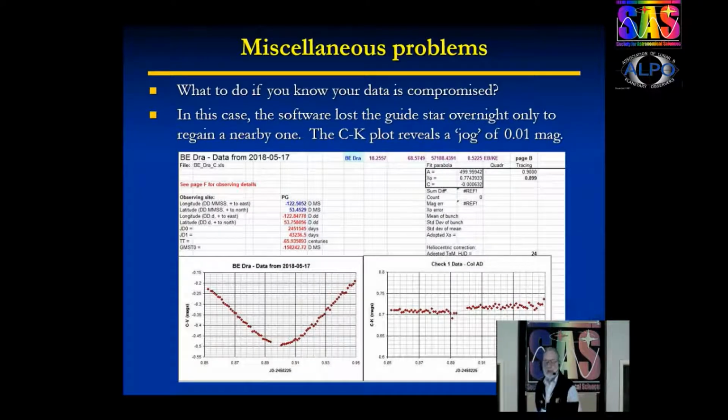Miscellaneous problems. This happened this year. I set my telescope going and went to bed, as I often do. And I don't really have to worry about bad weather because I have a cowling that I put over my CCD camera, so even if it rains, the camera's protected. The mirror will get wet, but then I just take more flats or clean the mirror or something.